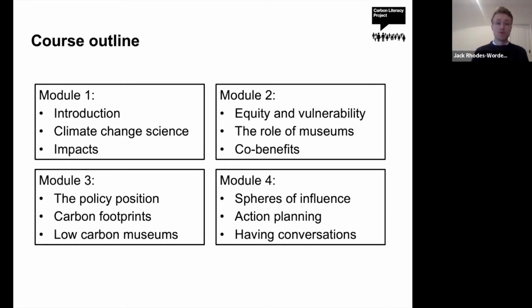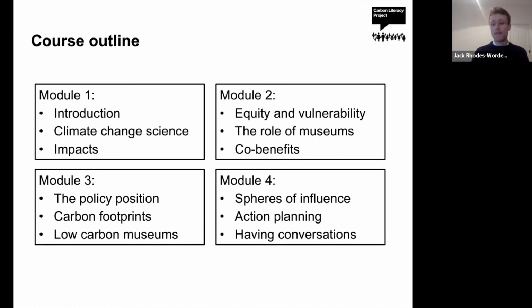And then in module 3, staff will look at the policy position on climate change, both internationally and nationally. Think about how that relates to museums and their work. Staff will look at carbon footprints, both in the workplace and in their personal lives. And staff will also really start to think about what actually makes a low carbon museum.